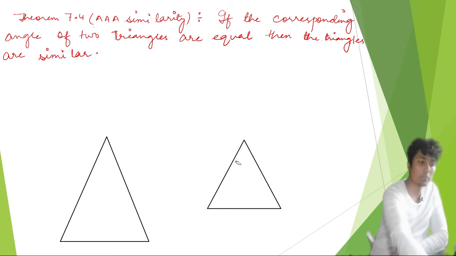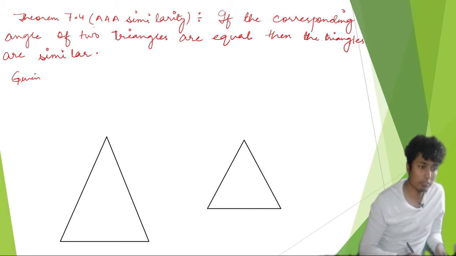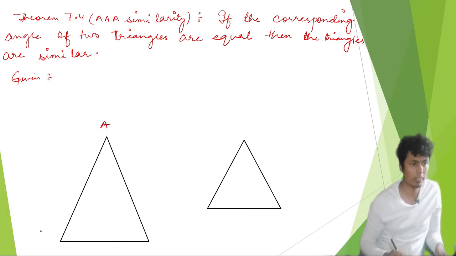Let us look upon it. Let me open my pages to exactly that one. Now, what are the given conditions first? First, we need to write down what is given. Two triangles are given. Name them ABC and DEF.